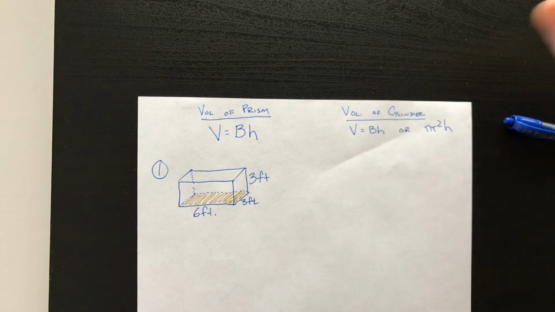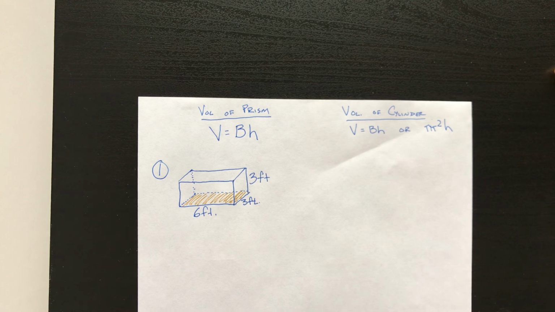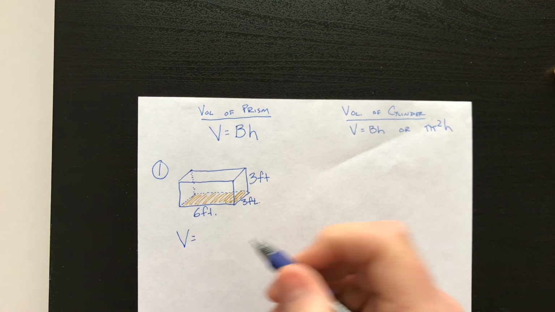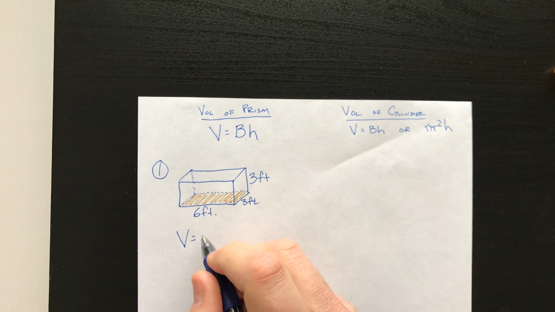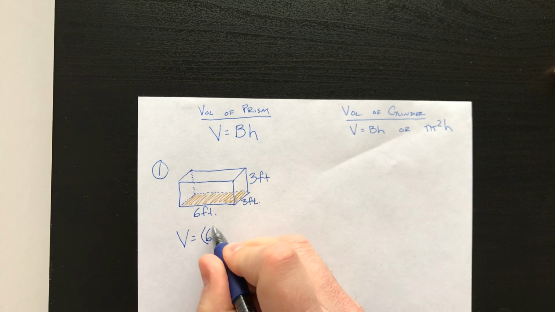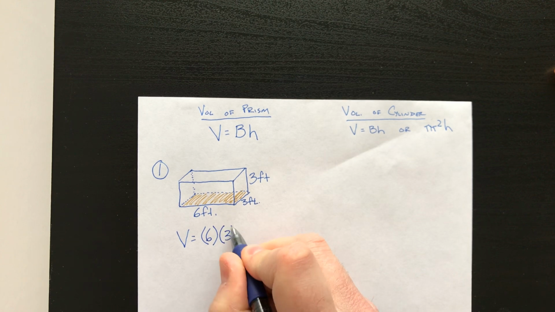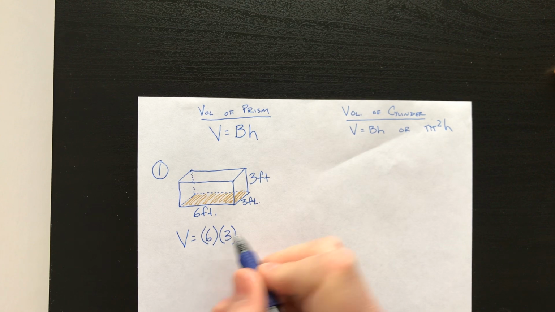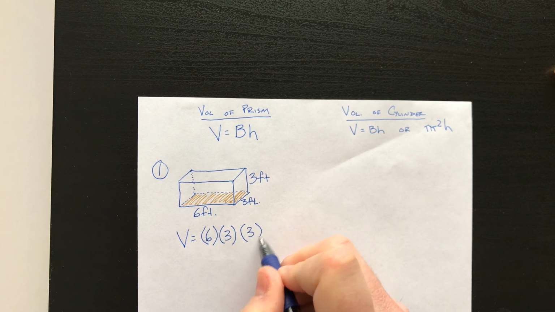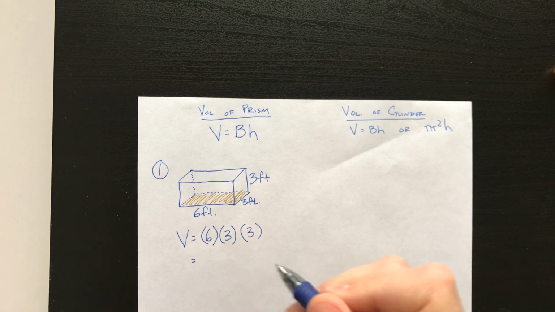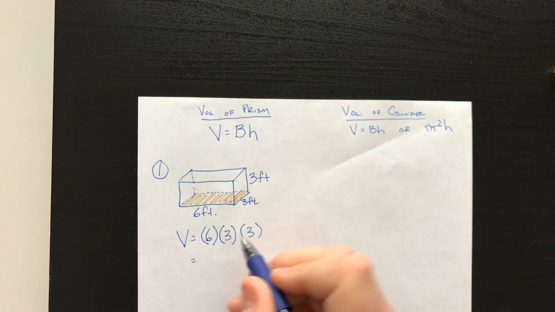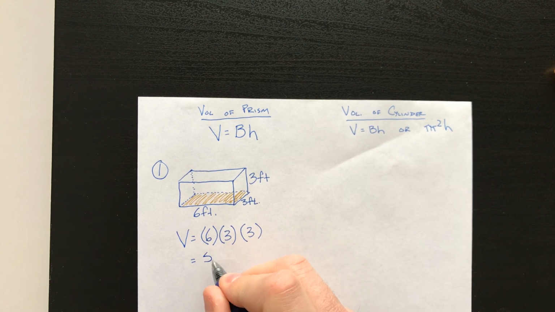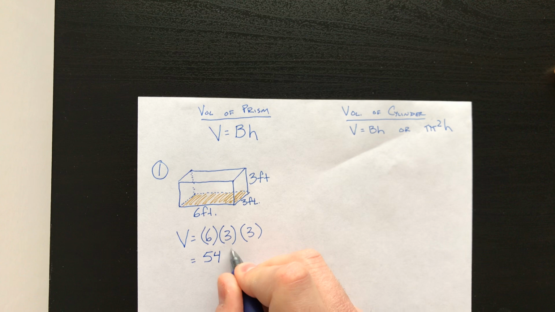So we're going to take the area of our rectangle, which is just length times width. So 6 times 3, that's the area of the base, and then the height is also 3, okay? So the volume here is going to be 3 times 3 is 9, times 6, so 54.